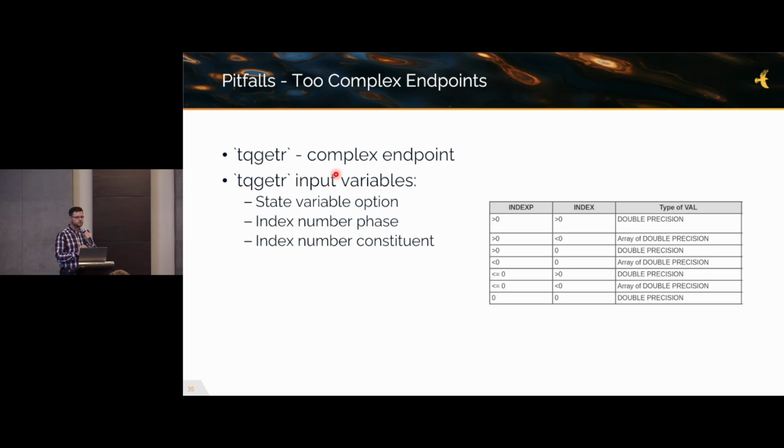It is the user's responsibility in the Chem app documentation to, when they call TQGETR and set a certain state variable option, ensure that the index number is greater than 0 and the constituent index number is greater than 0, or that it is less than 0 depending on the state variable option that you requested.